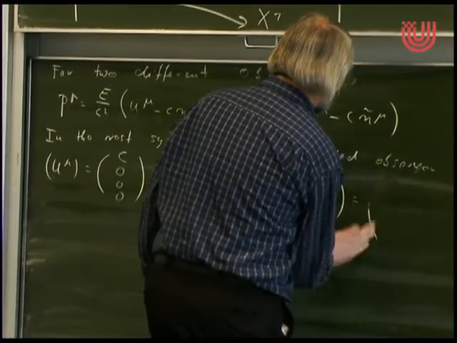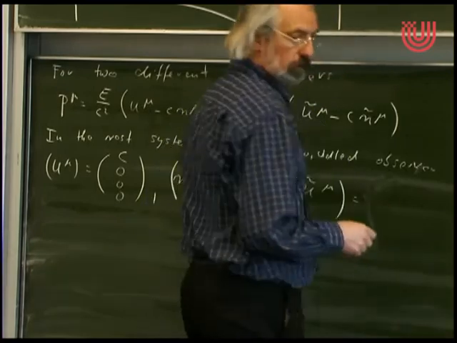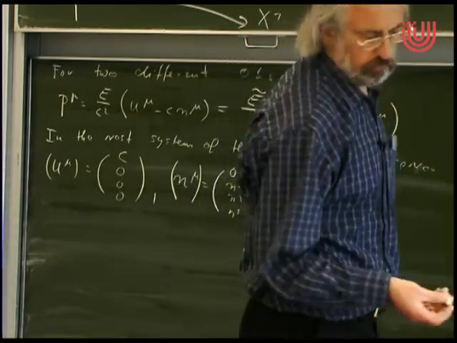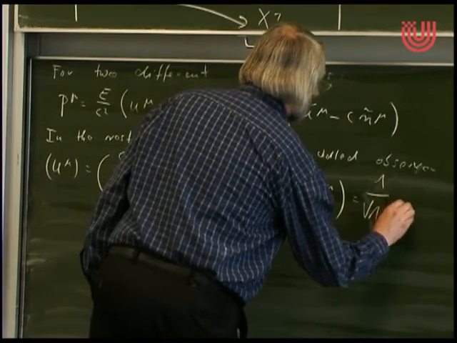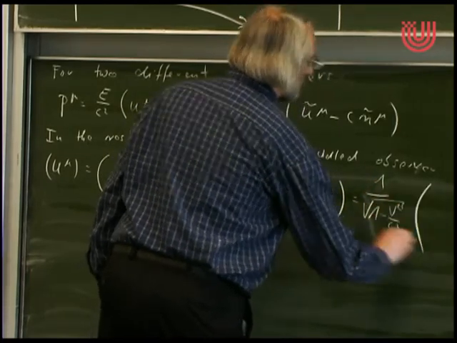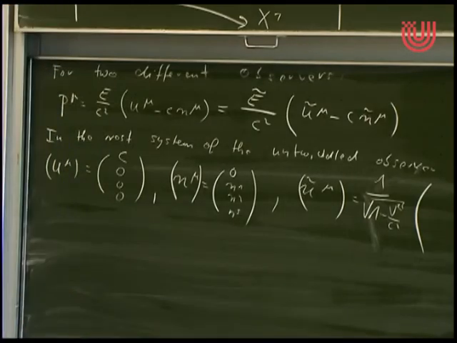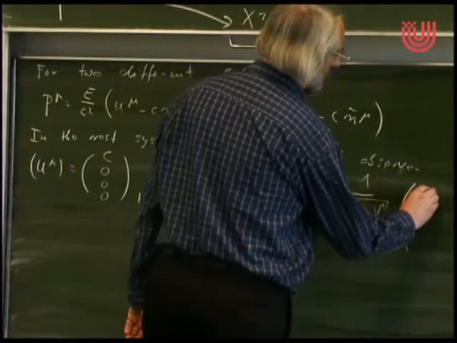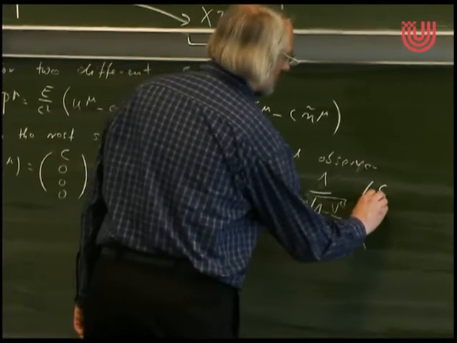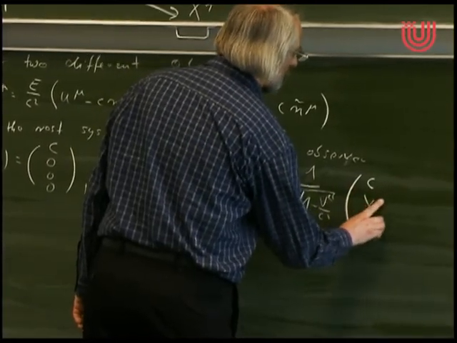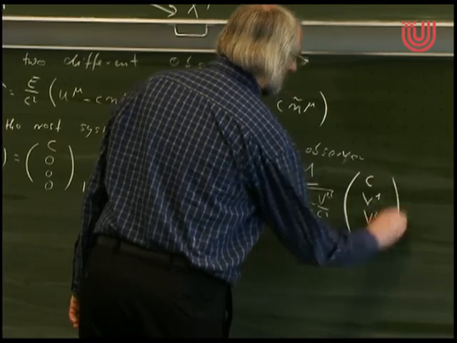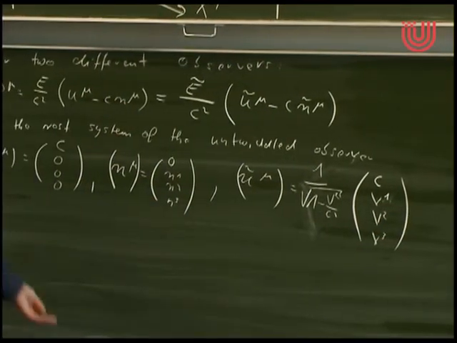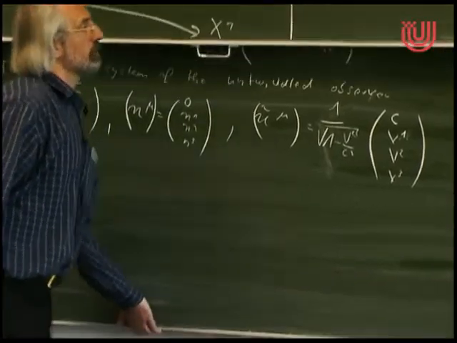This involves a relative velocity, which I call v. So I have a square root of 1 minus v² over c² here. And if you remember how the four-velocity quite generally looks, here I always have a c, and then the 3 components of the standard 3-velocity. Okay, and now I insert this into my equality.